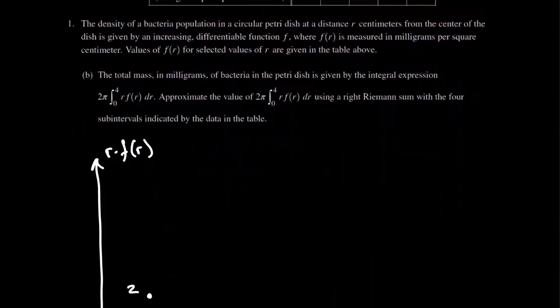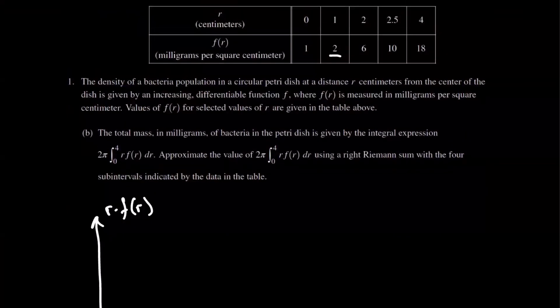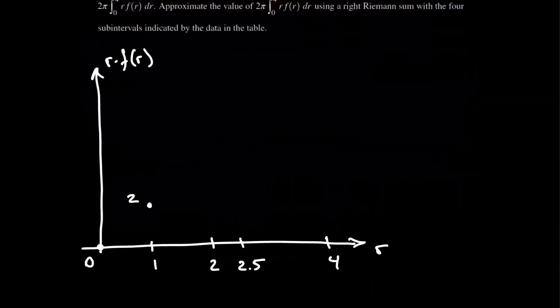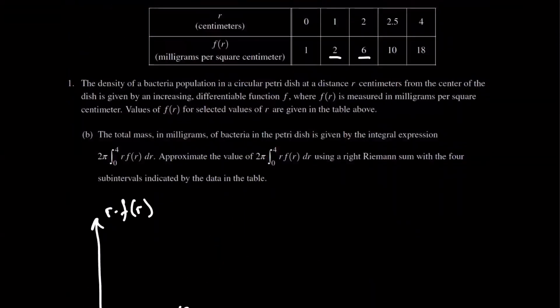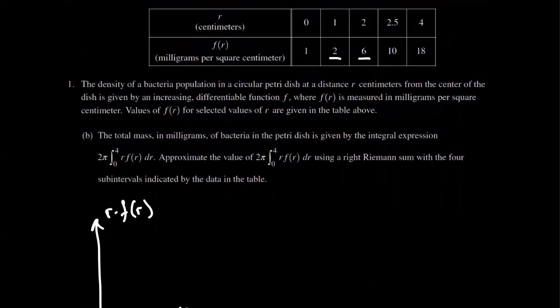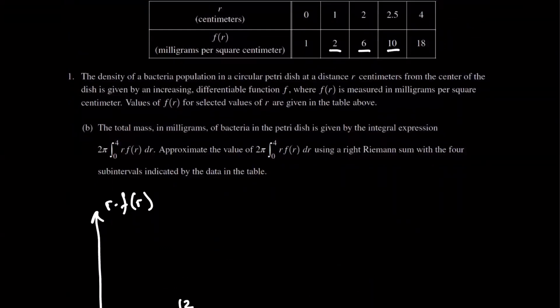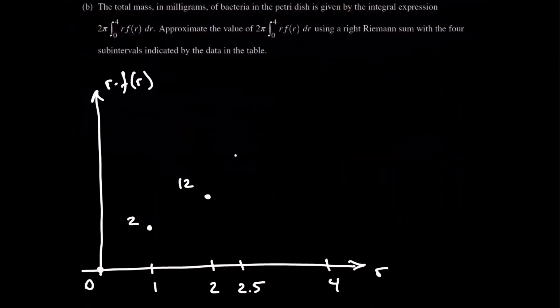And this is again maybe not up to scale. f of 2 times 2 is 6 times 2, which is 12. So let's write this as 12, this point here. And then f of 2.5 times 2.5 is 10 times 2.5, which is 25. So this point is 25.